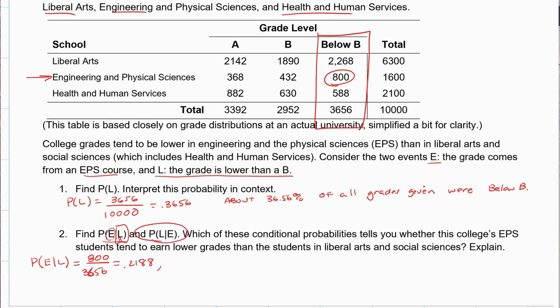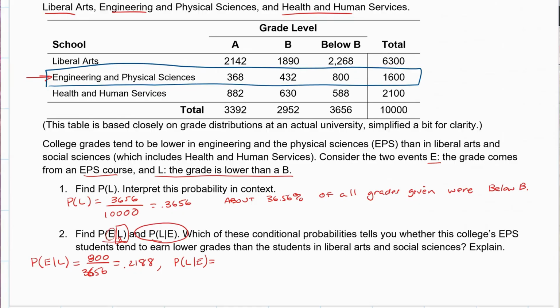The other one asks, what's the probability that it's a low grade given that it's from the EPS school? Now, in this case, maybe I should switch to a blue marker, we're only looking at this particular row for this probability. In this particular row, the low scores are 800 out of the 1600, and that's 0.5. Now it asks, which of these conditional probabilities tells you whether the EPS school tends to score lower than the other groups?